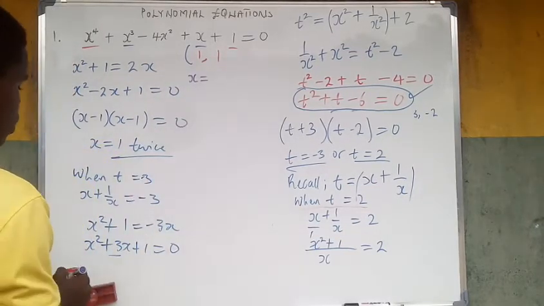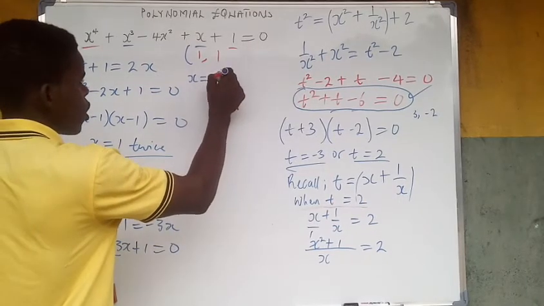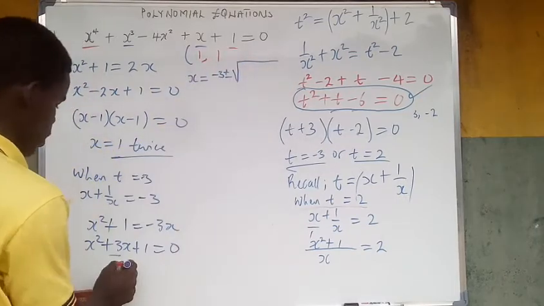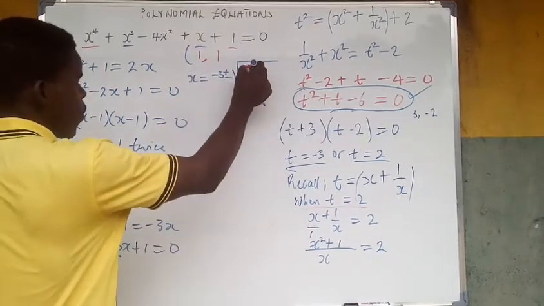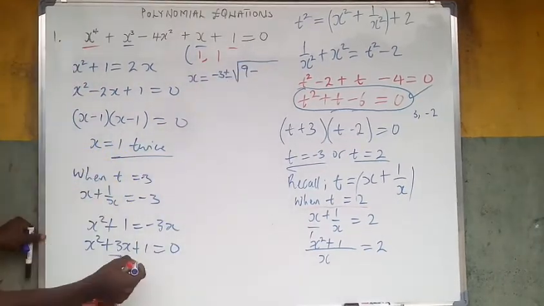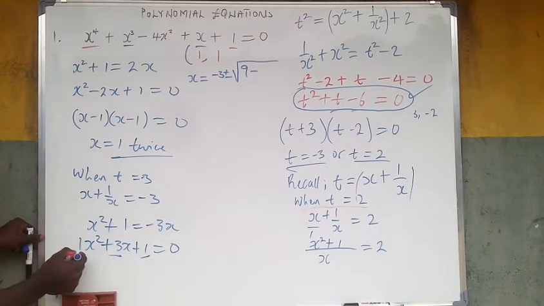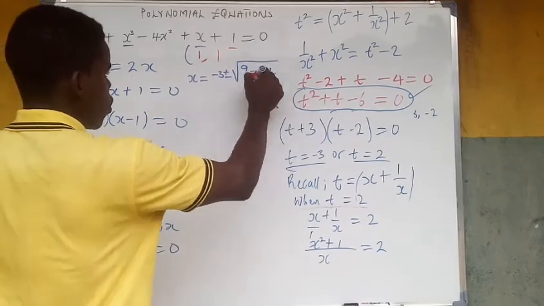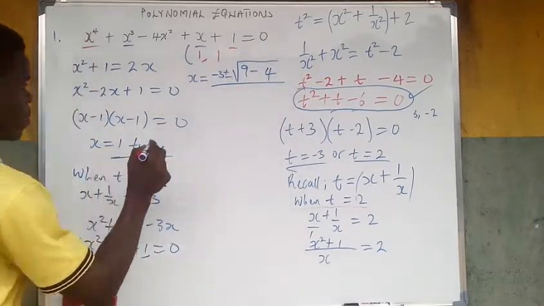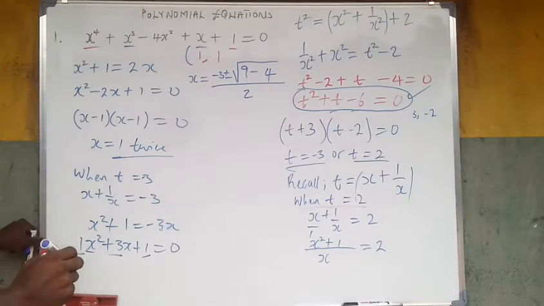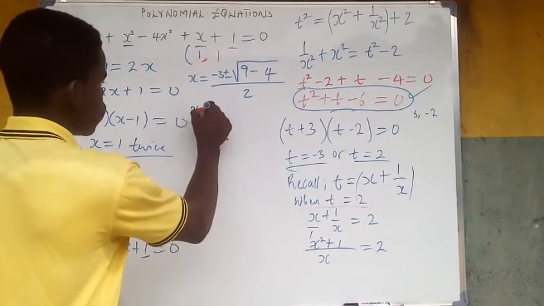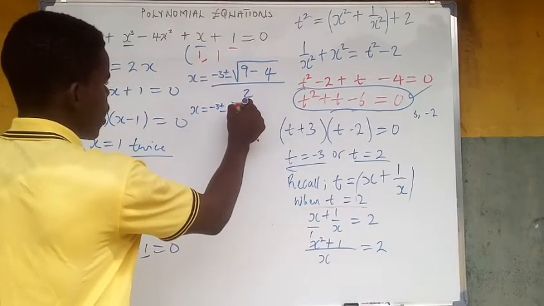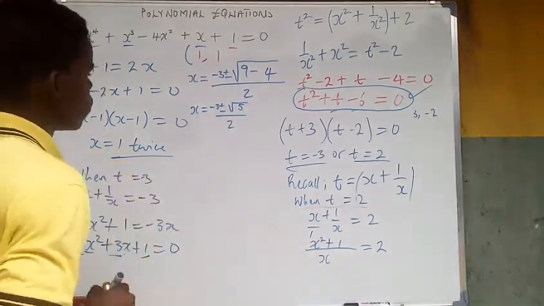Our b is 3, so negative 3 plus or minus the square root of b squared, 3 squared is 9, minus 4 times a, which is 1, times c, which is 1. So minus 4 times 1 times 1, that is 4, over 2 times a, 2 times 1 is 2. So we have x equal to negative 3 plus or minus the square root of 5 over 2.